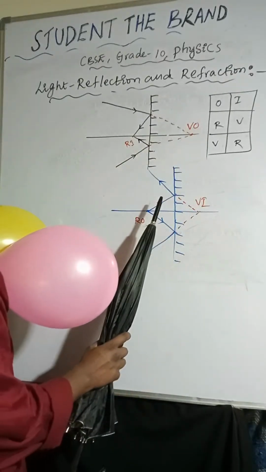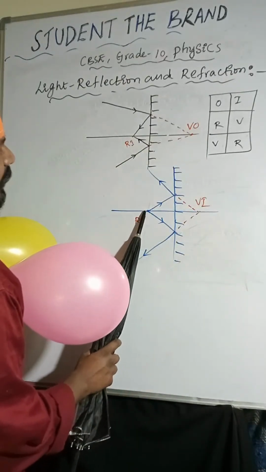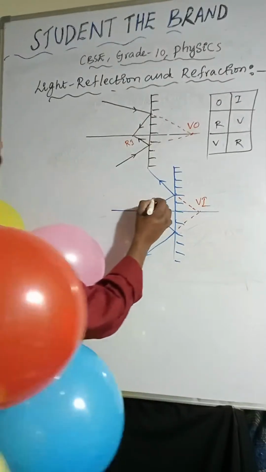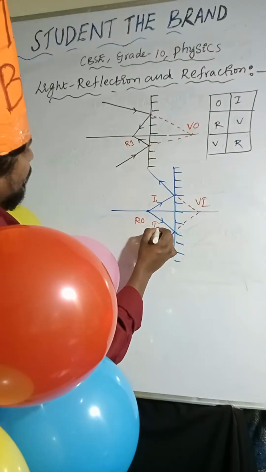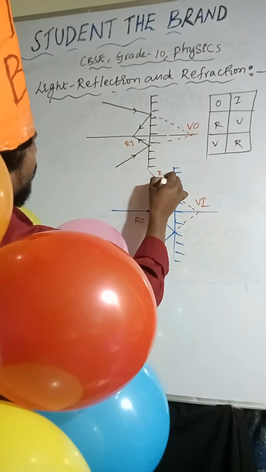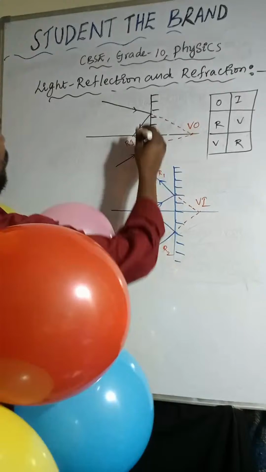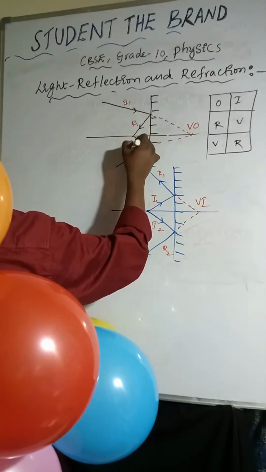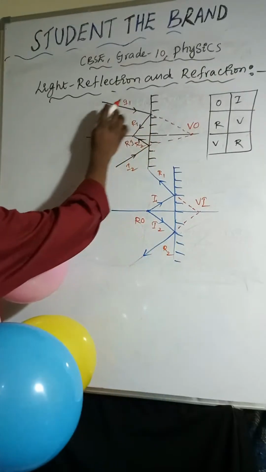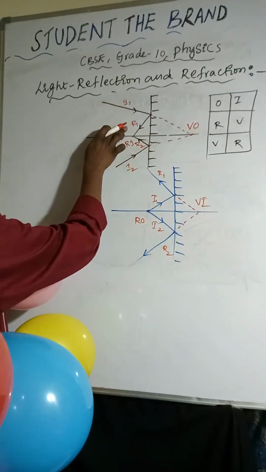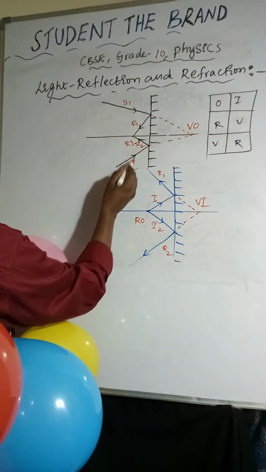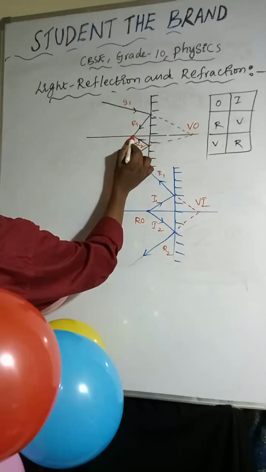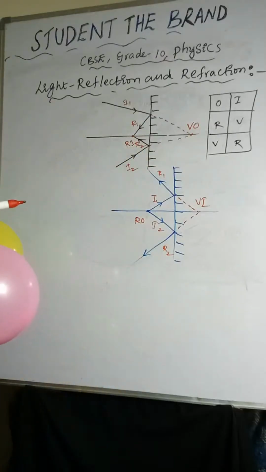Here you can observe that incident light rays are coming directly from the point. This is incident ray I1, incident ray I2, and these are reflected rays R1, R2.